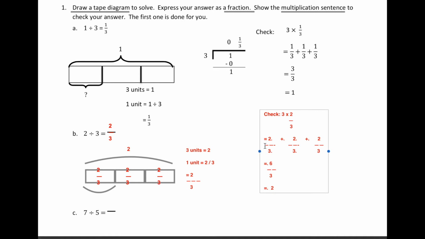Well, the way we're going to solve that is we do 2/3 plus 2/3 plus 2/3. And that equals, you add the top numbers, 2 plus 2 plus 2 is equal to 6. The bottom number, the denominator, does not change. So what you end up with is 6 over 3.